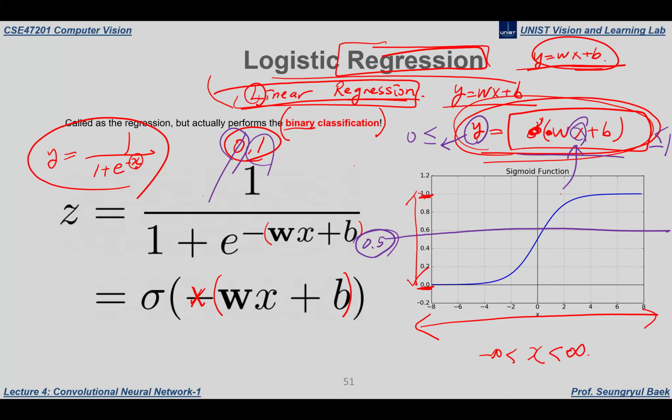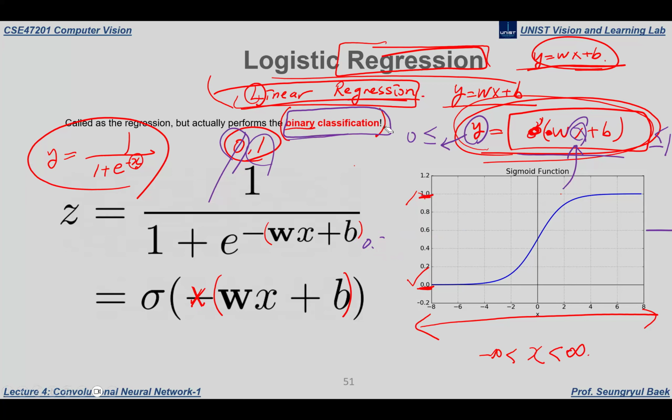This is binary classification. Even though our y value is continuous from 0 to 1, we will threshold it and eventually map it to either class 0 or 1. Are you guys following? So this is binary classification.